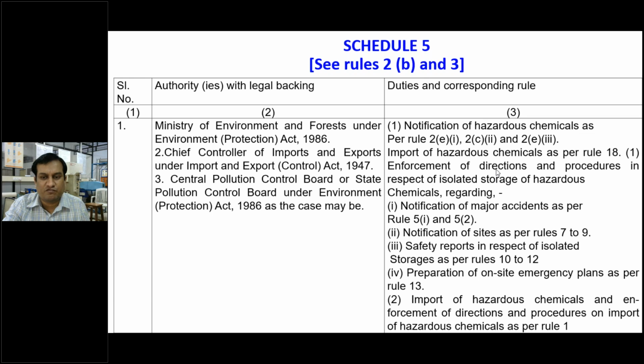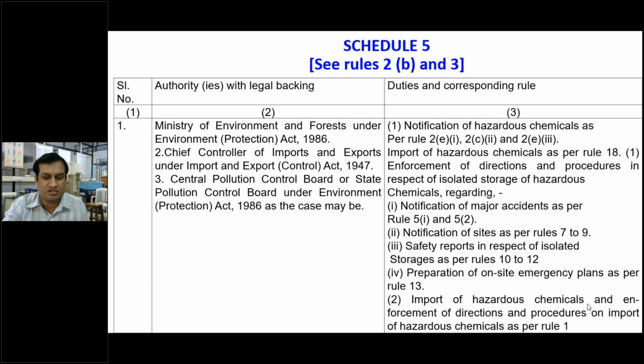Enforcement of directions and procedures in respect of isolated storage of hazardous chemicals. Regarding notification of major accidents as per rule 5 and 5.2. Notification of site as per rule 7 to 9. Safety reports in respect of isolated storages as per rule 10 to 12. Preparation of on-site emergency plan as per rule 13.